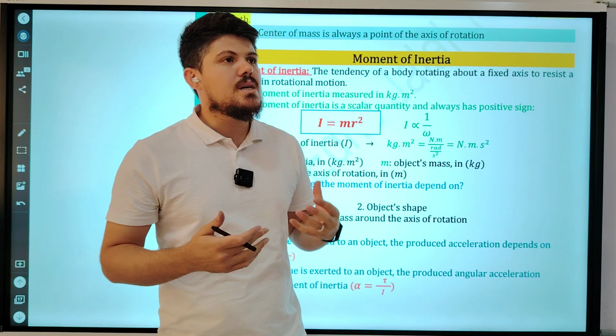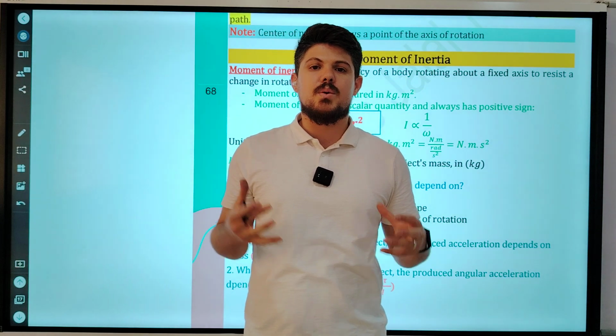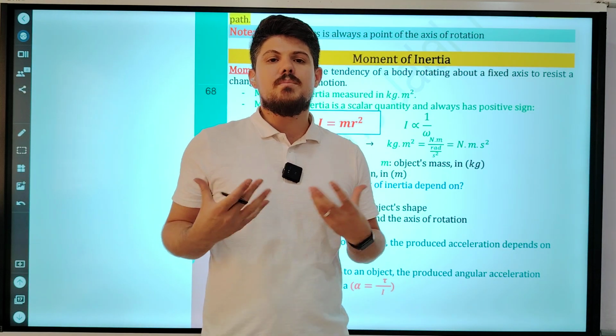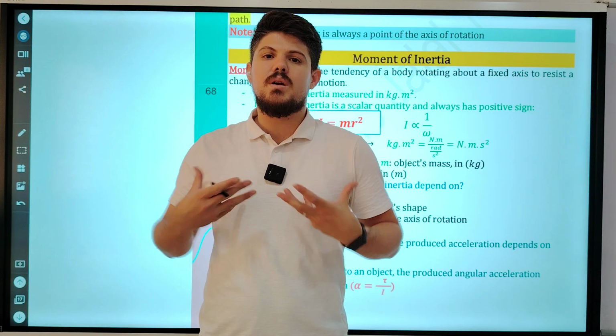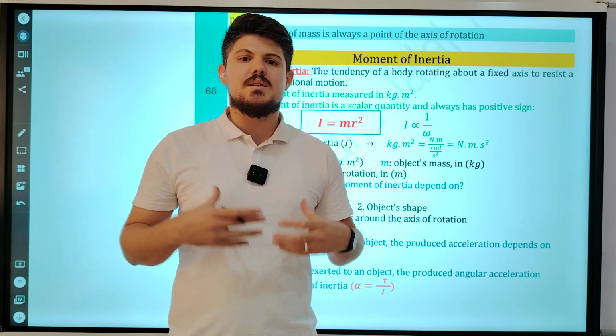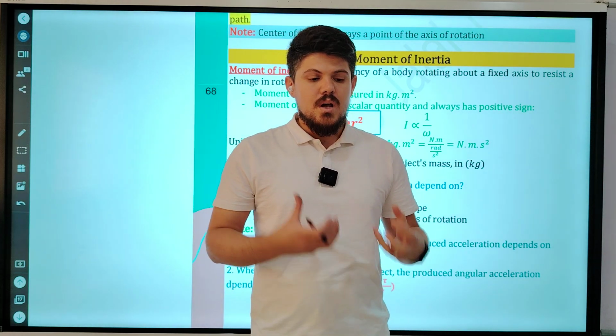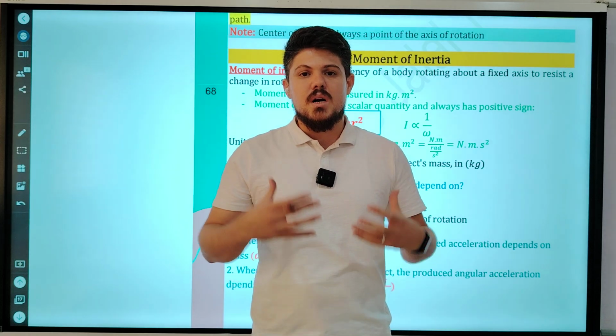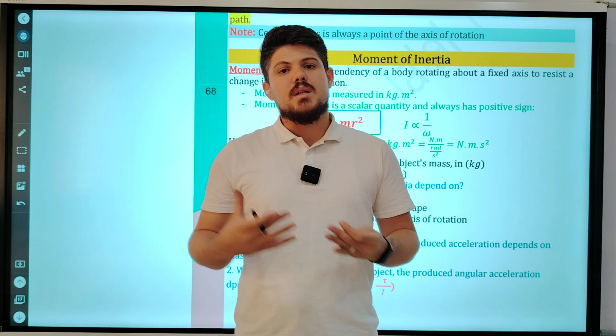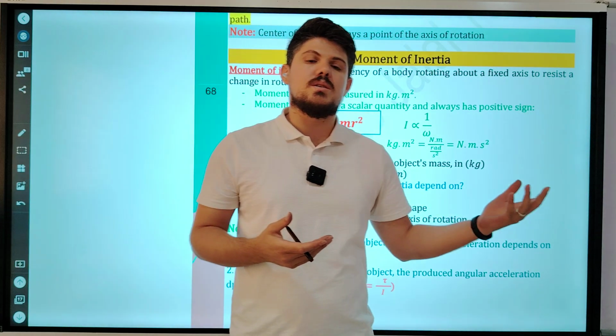So inertia is the same thing. For example, when an object has more mass, it has more inertia. Why? Because inertia is the tendency of an object to resist a change in translational motion. More mass, more inertia, prevents its state of rest or its state of motion.